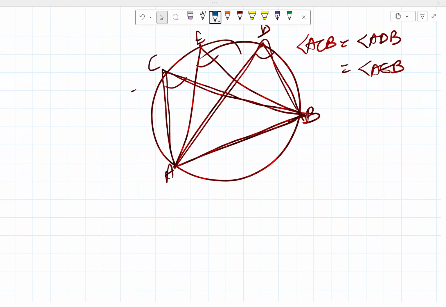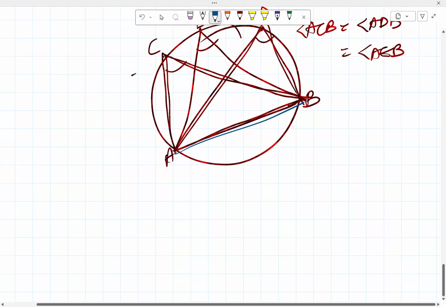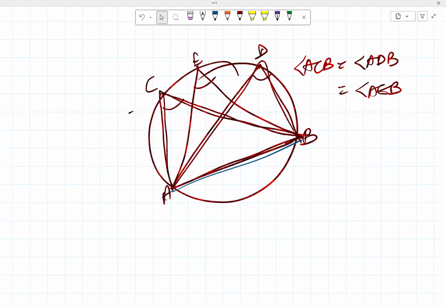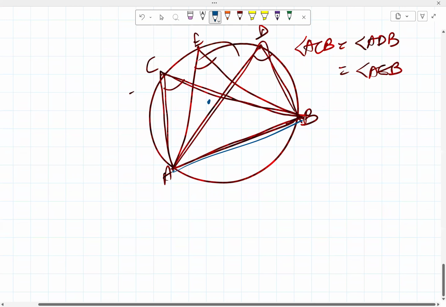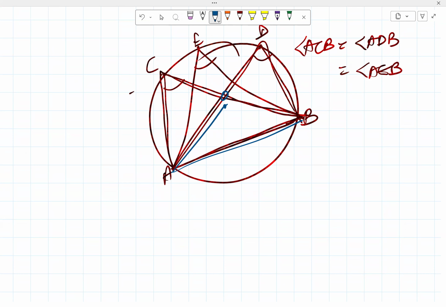Chord AB subtends the central angle AOB, like what we learned not long ago. Let's say this is center O, so this angle will come like this. This is our angle AOB now. So this chord makes this angle at the center.